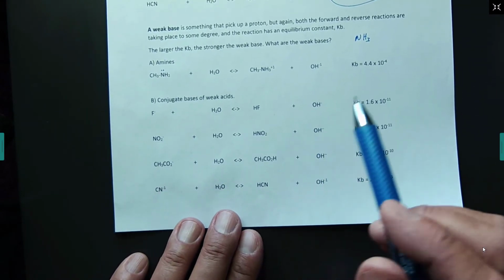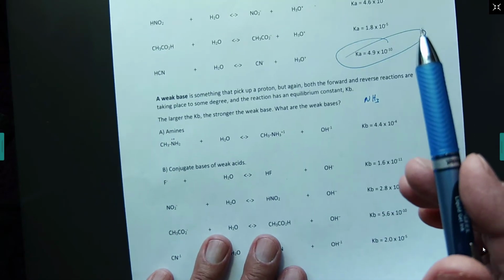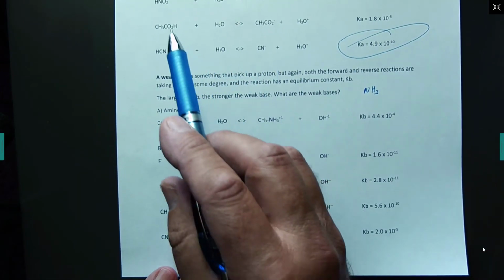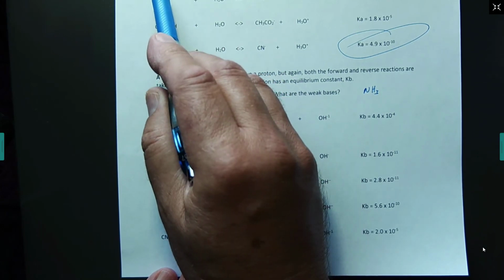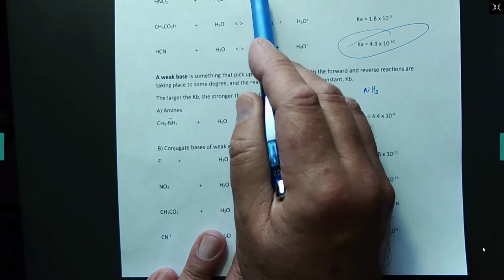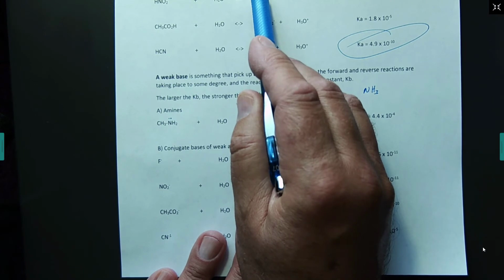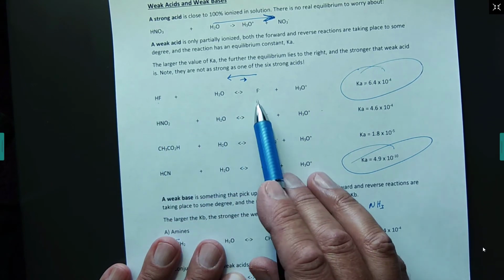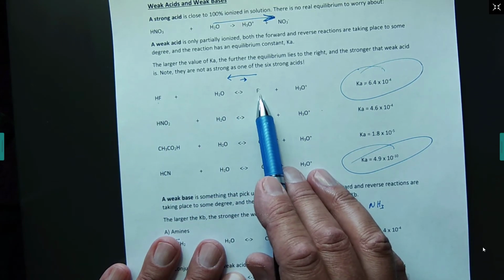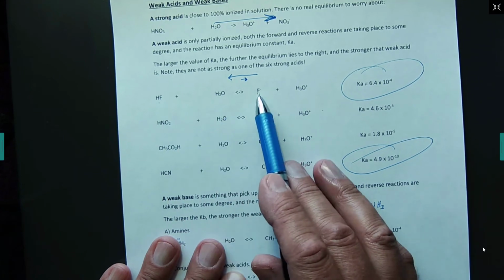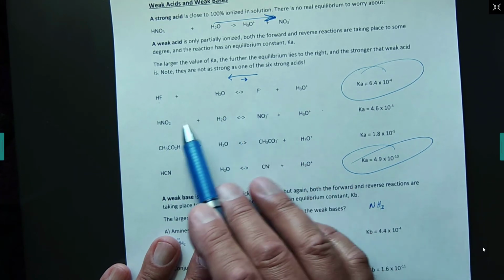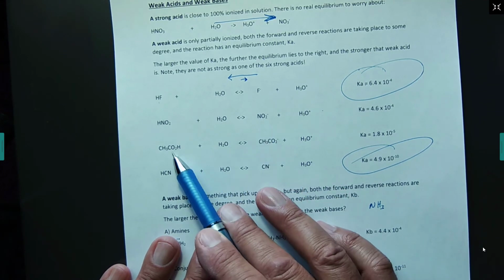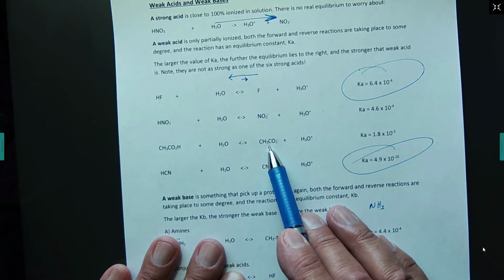Now, the other weak bases, this part's huge. This part confuses sometimes, but if you're a weak acid, you've got a conjugate base. If he's a weak acid, the conjugate is a weak base. Weak acid, there's his conjugate. Behaves like a weak base.